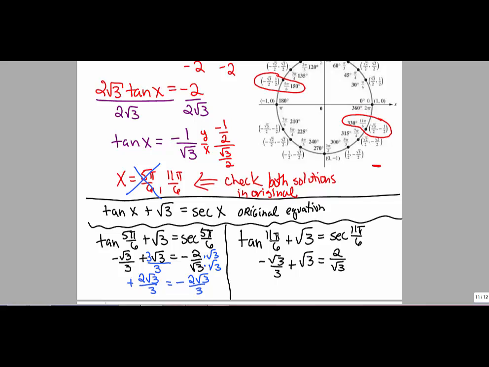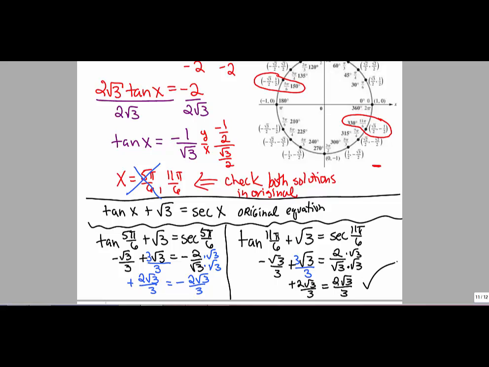And here, if we add the two fractions on the left-hand side, think about that as over 1, and give them both the same LCD, that would be 3. So on the left-hand side, we get positive 2 square root of 3 over 3. And on the right-hand side, if we were to rationalize, we would get also positive 2 square root of 3 over 3.